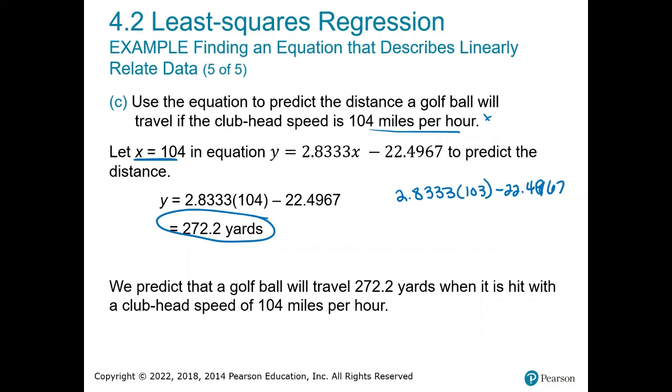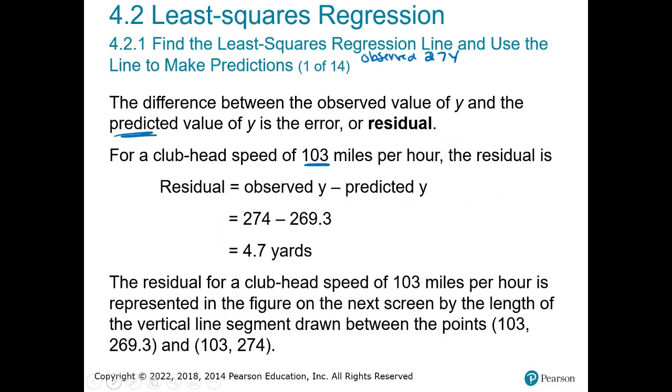I'm just going to grab a basic calculator, and I get 269.33. So the predicted is 269.3.